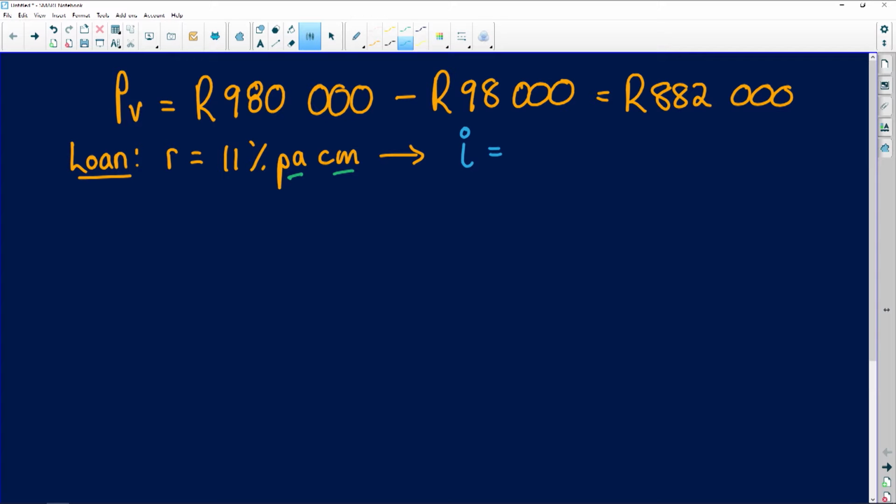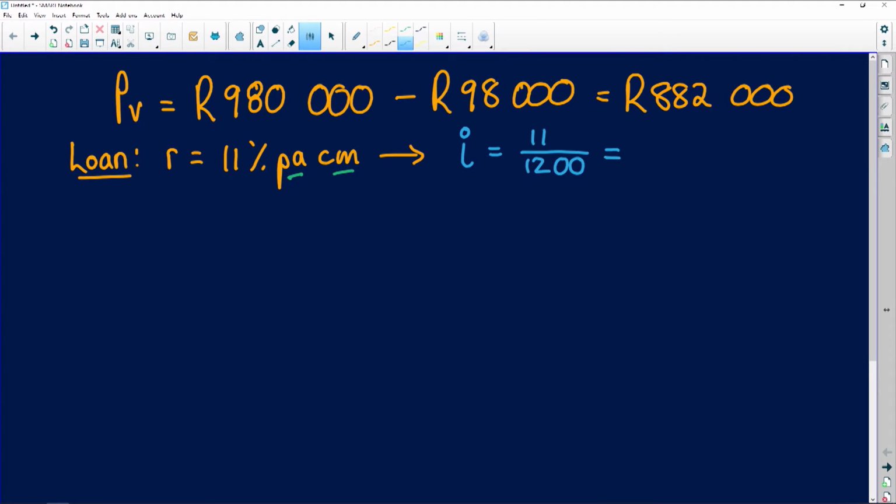So I'm going to take r, which is 11, and divide it by 12 to make the per annum per month, and to make the r an i, I divide by another 100. So it's 11 divided by 1200. Divided by 100 to make it a decimal, divided by 12 to make it effective per period.